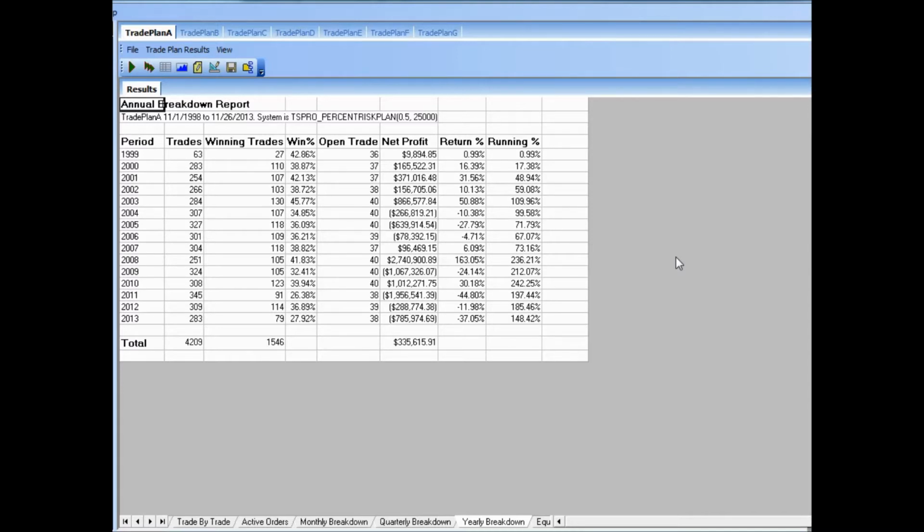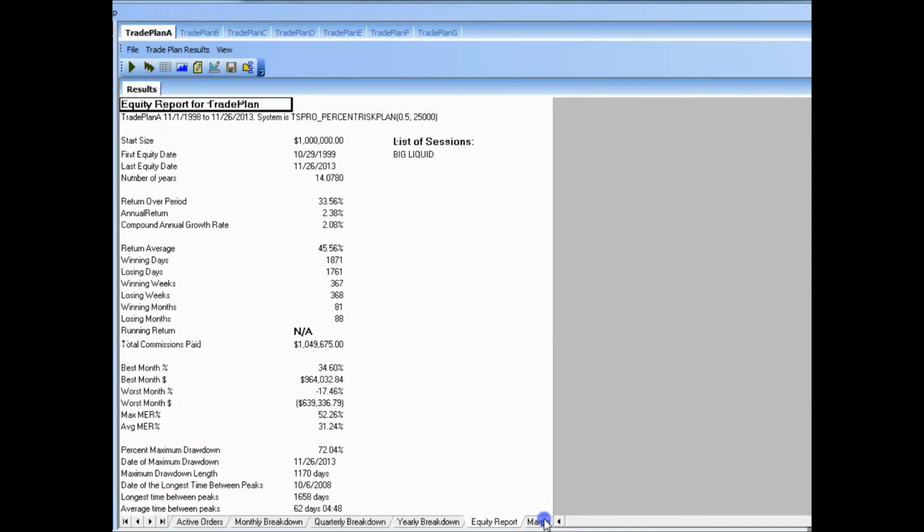It's a great resource to get some general ideas of what actual professionals are doing to manage the money that they handle. So this is your basic 20-day breakout strategy, and over the last 13 years or so, it made 2% annual return, but our drawdown is 72%. So ultimately, this is not a really good system to trade.